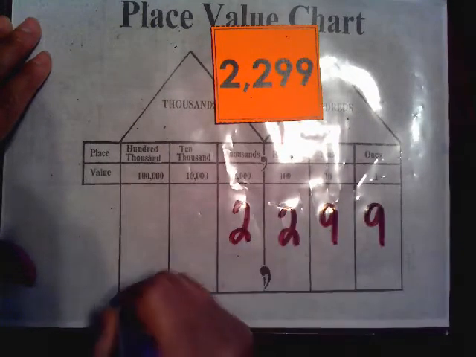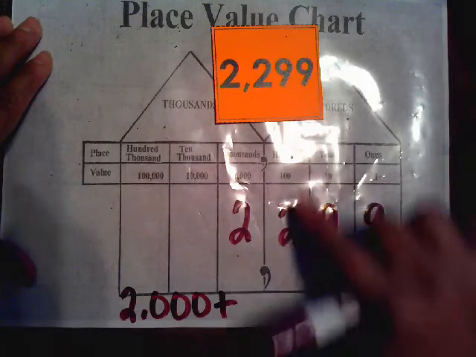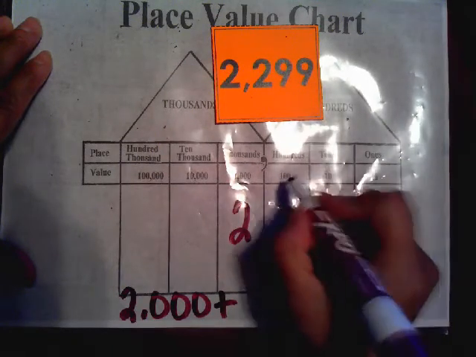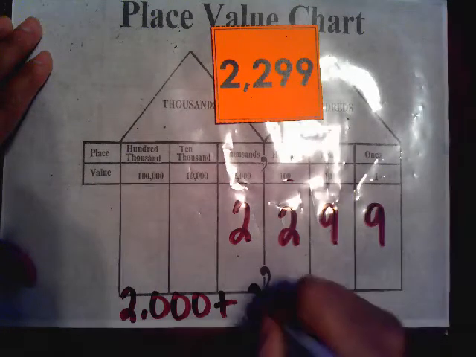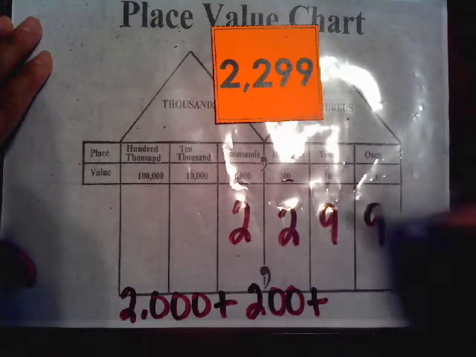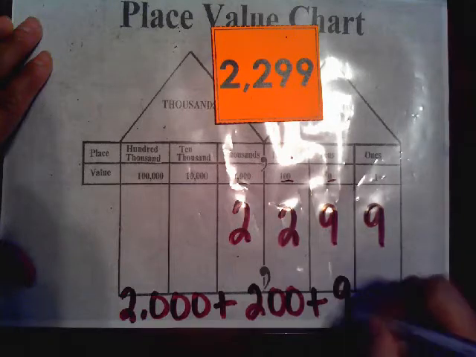So you write down the value of that 2. You have a 2 in the hundreds place. Look at the number of zeros you need there. Those zeros will help you write this in expanded form. So then you have 200. You have a 9 in the tens place. So that means you have 9 tens. They will be worth 90.